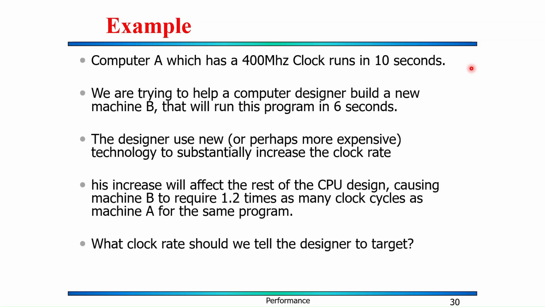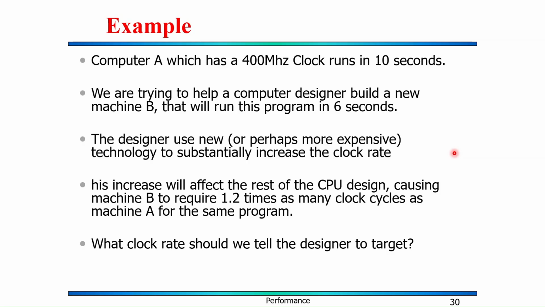The designer plans to use new technology to substantially increase the clock rate. However, this increase will affect the rest of the CPU design. Because of these changes, machine B will require 1.2 times as many clock cycles as machine A for the same program. So machine B needs more cycles to execute the program, but each cycle happens faster.